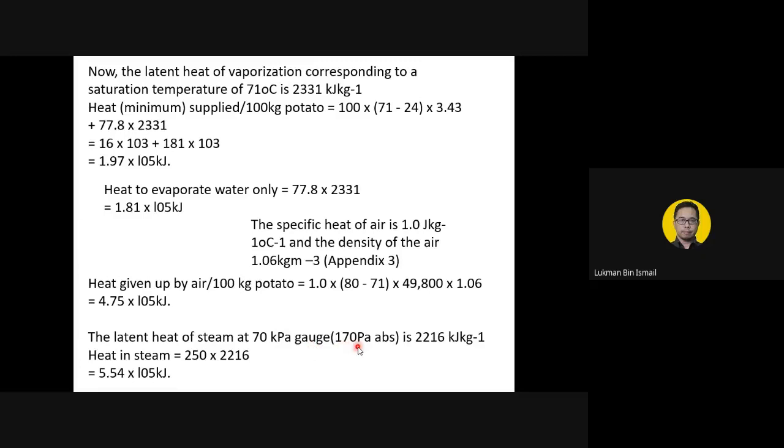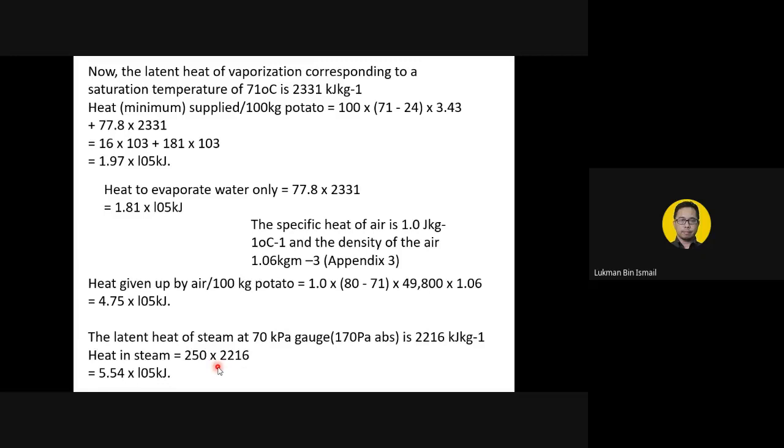So you have 170 kilopascal absolute pressure, ABS standing for absolute. From the table at 170 kilopascal absolute, you will obtain the latent heat of steam, 2216 kilojoule per kilogram.